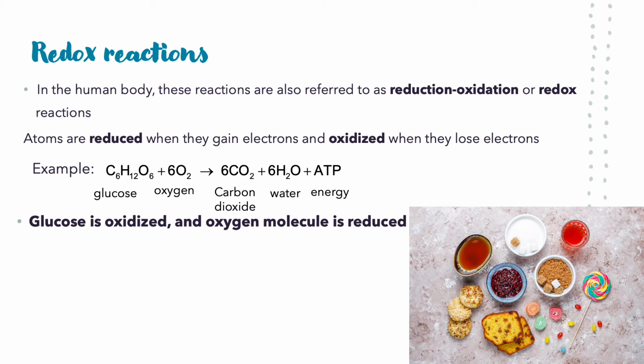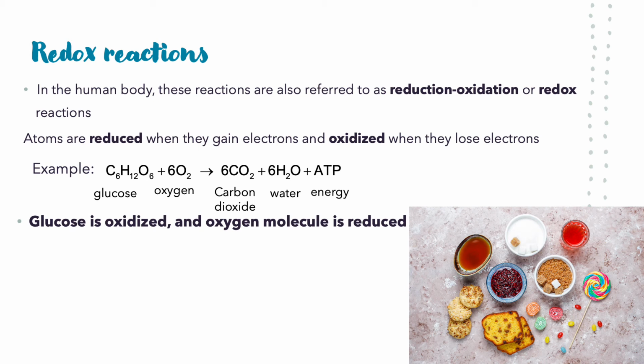And here I have an example, C6H12O6, which is glucose. That's actually the chemical name for glucose, and oxygen, which is obviously O2, but we have 6 molecules of that. So when you combine oxygen and glucose, you break that down, and what you end up getting is carbon dioxide, water, and energy.